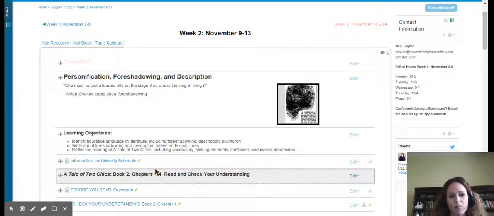We're going to focus on personification, foreshadowing, and description because this book is full of all 3 of those things, but it's most famous for the foreshadowing. Some of the images and the metaphors that you will see at the very beginning of the book will predict some of the events that will happen later. So watch for that.